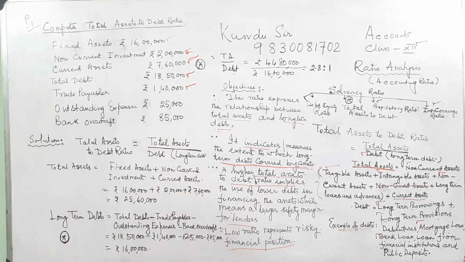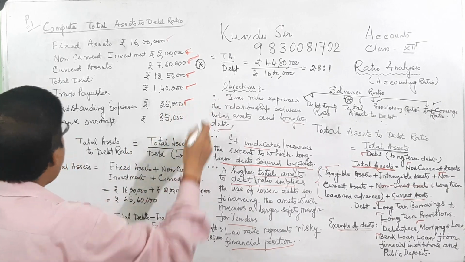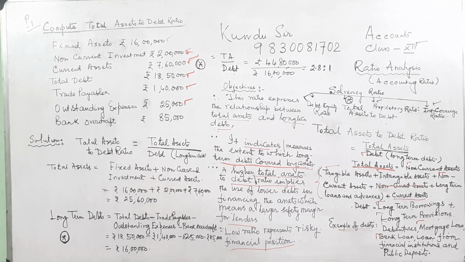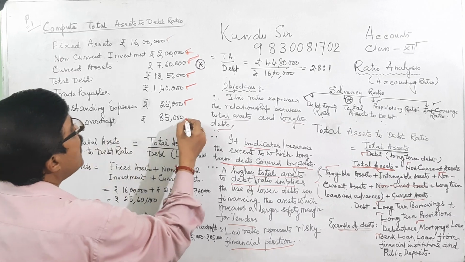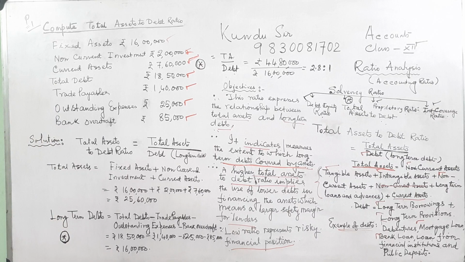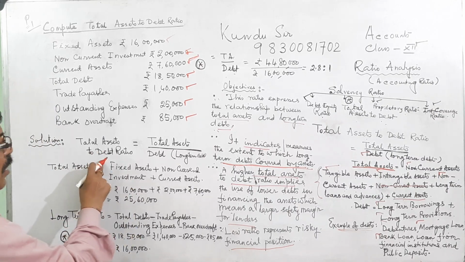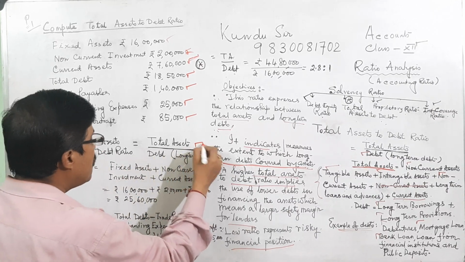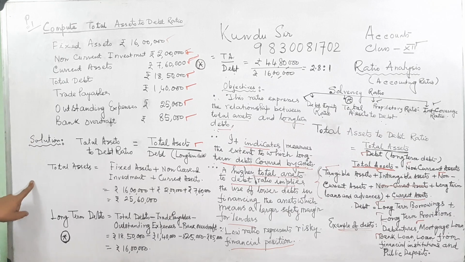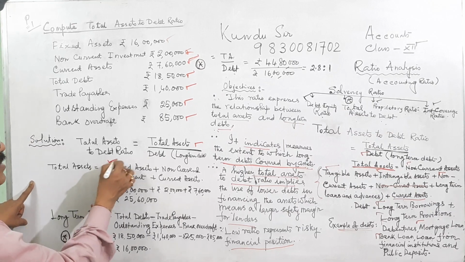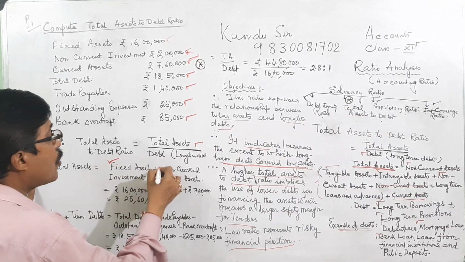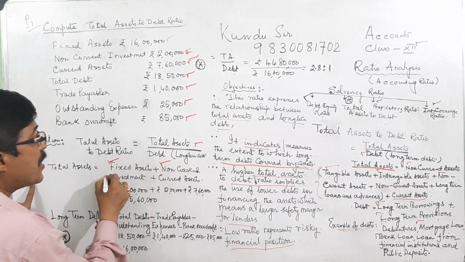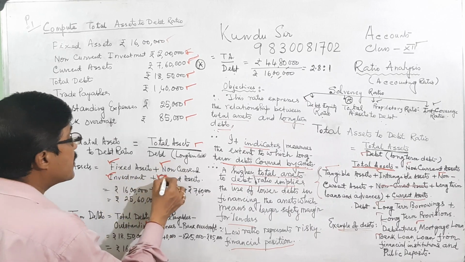Outstanding expenses, and bank overdraft is 85,000. Now you have to consider the total asset by debt ratio. Total asset equals fixed asset, other non-current asset, investment, and current asset.